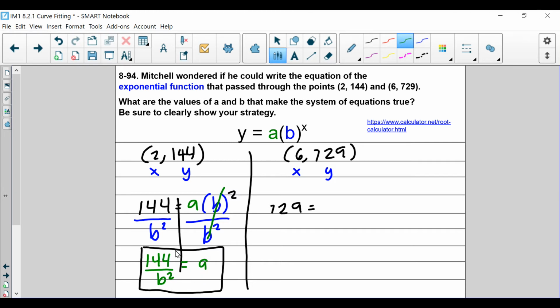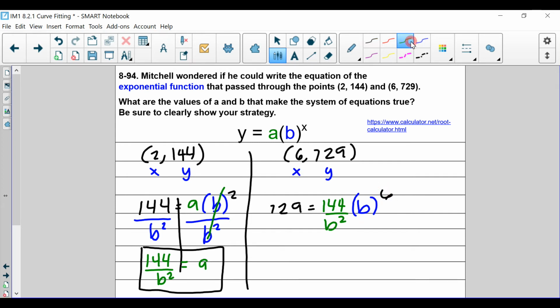So instead of A, I'm going to write 144 over B squared. Then we're going to write down, we don't know what the B value is, so I'm going to keep that as B. But we do know that it's going to be raised to the what power? It's going to be raised to the 6 power. Why? Because it's right here. Okay? So then we have 6 here.